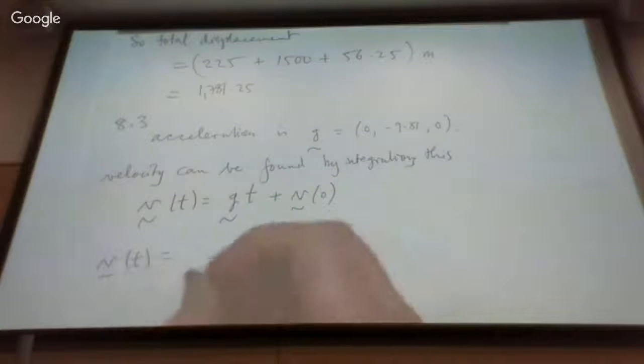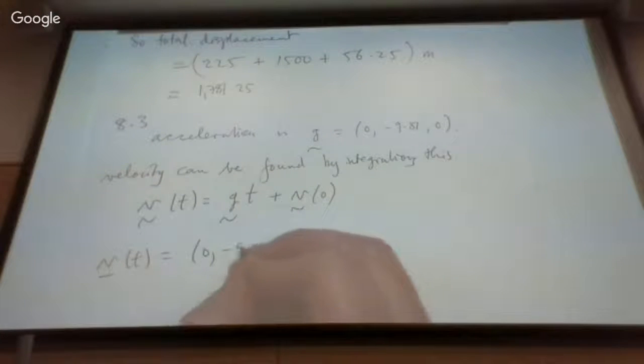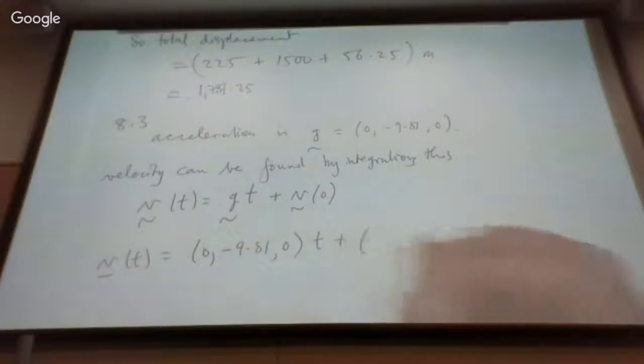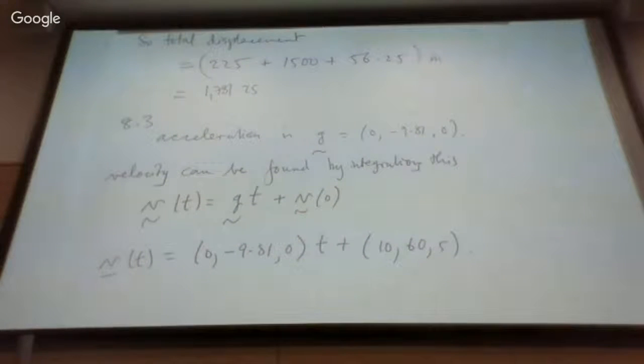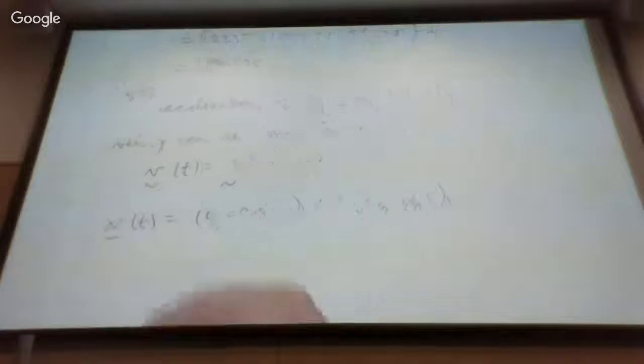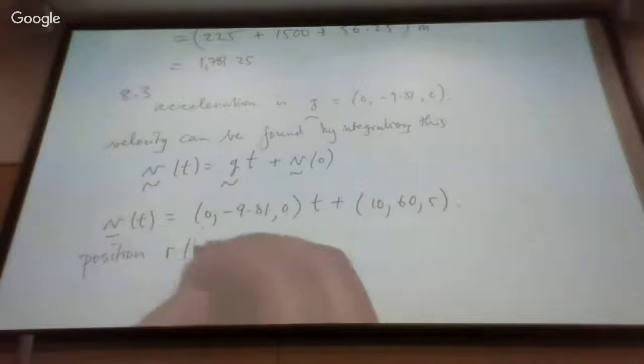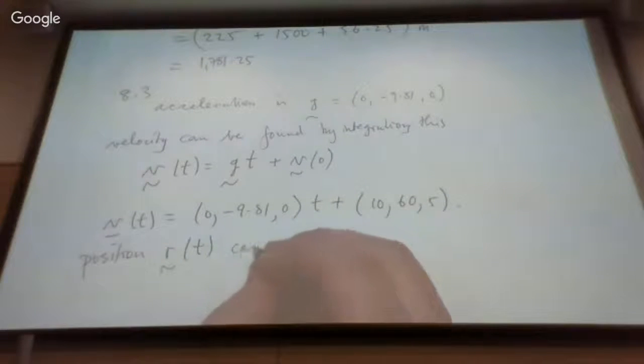So my velocity vector now is this g vector times t plus my original velocity vector (10, 60, 5). And I want to know where it's going to land. So we need to know what its position is. But the position r of t can be found by integrating this.